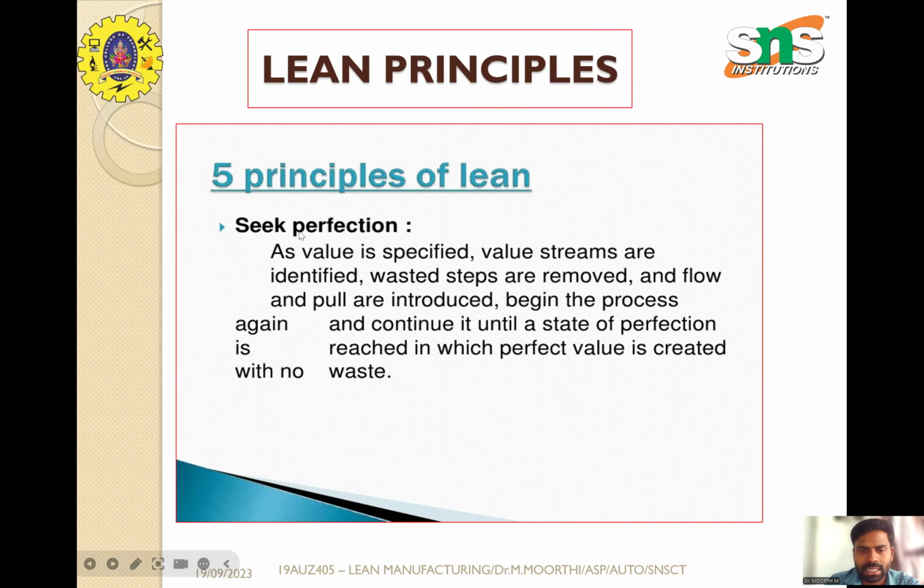As I said earlier, we have two types of process in industry: the push system and the pull system. In the previous decade, we had a push system, where the industry manufactured products with their own designs and specifications and delivered them to the market.